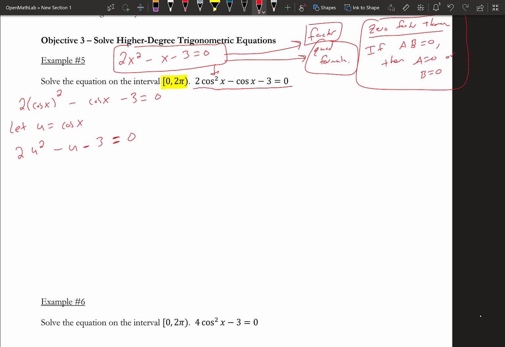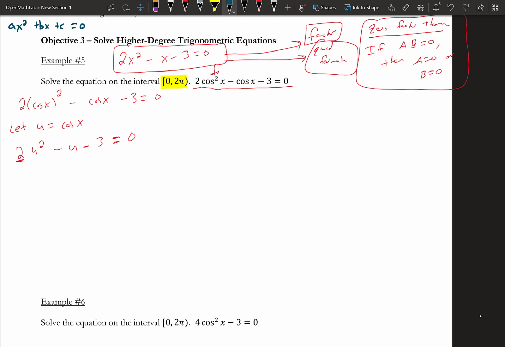This one maybe isn't super easy to factor because there's not a 1 here, there's a 2 value there. A common method that maybe you've seen before is called the AC method to factor. This is in the form ax squared plus bx plus c equals 0, so a here would be 2 and c would be negative 3.